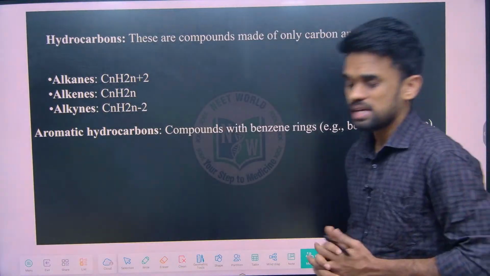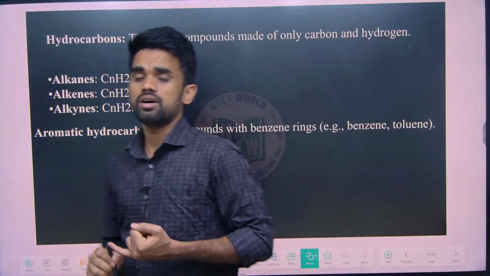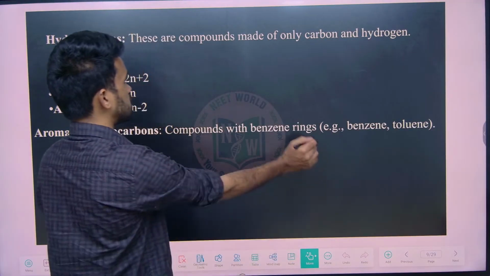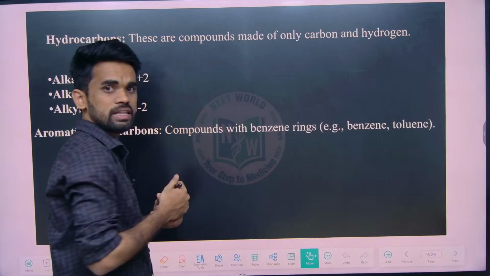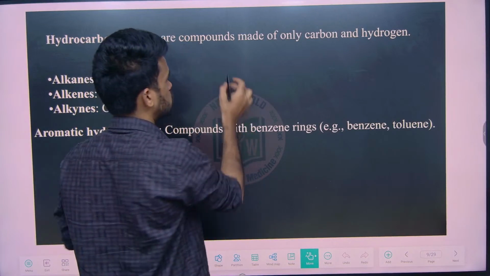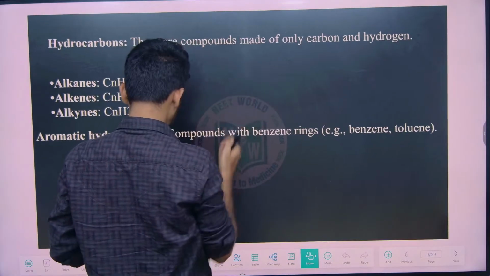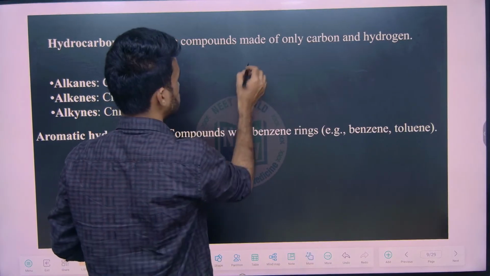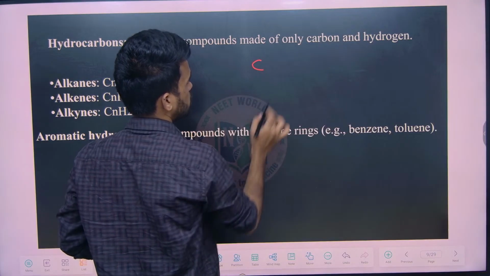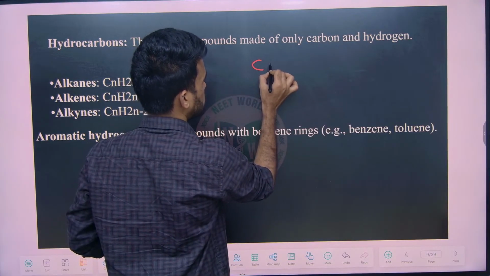Now we have discussed alkenes and alkynes. Let us look into the simplest alkane possible here. There should be carbon with sp3 hybridization, and let us make it with 2 carbons.